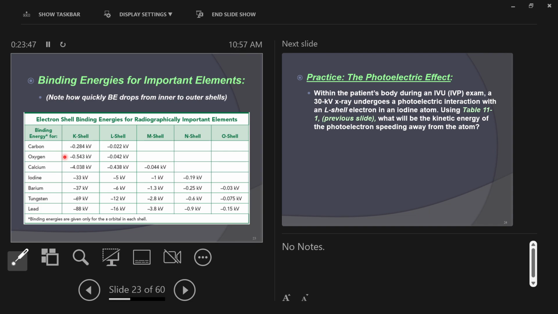It takes much less energy to eject the K shell of oxygen than it does to eject the K shell of tungsten. Why? Because tungsten's a much larger molecule. The positive charges in the nucleus of tungsten, there are more of them. So it's holding on to each of its electrons a little tighter. Oxygen being a smaller molecule, only having 8 protons in the nucleus, it holds on to its orbiting electrons less. So it's easier to eject them.